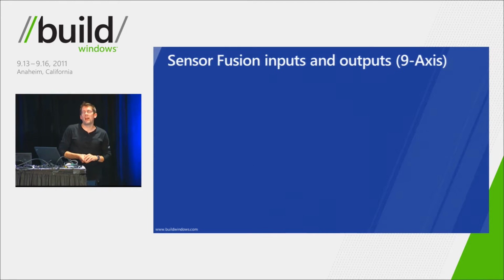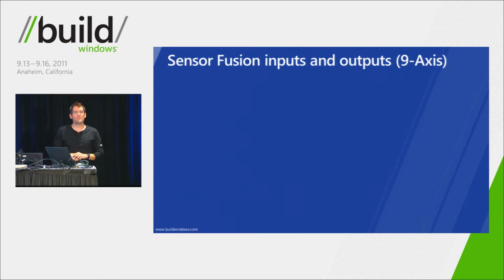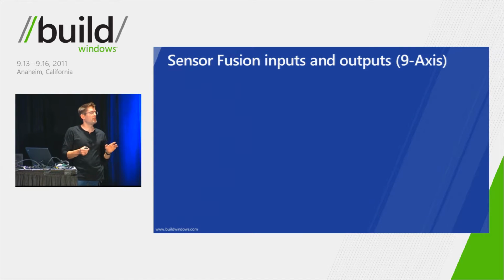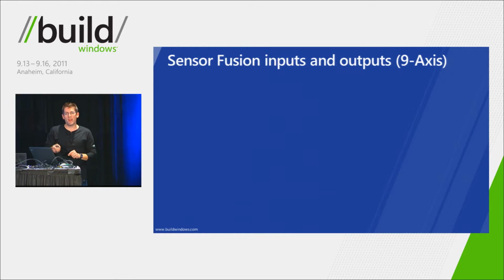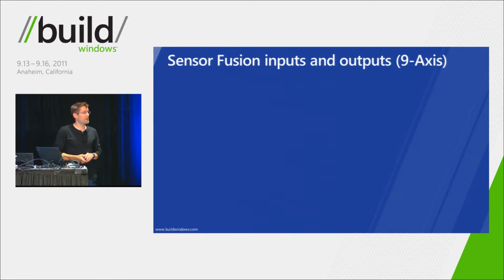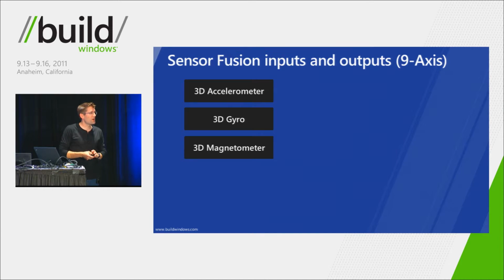Let's take a look at a typical 9-axis system. This is the type of system that's standard equipment on all tablets and convertible tablets that are designed and certified for Windows 8. So we start with the individual sensors themselves. We've got the 3D accelerometer that measures linear acceleration and acceleration due to gravity.